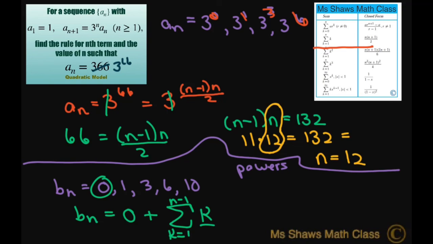So the k part is going to be n minus 1 times n divided by 2. Therefore, your a sub n would equal, since we did the different sequence, 3 to the power of n minus 1 times n divided by 2. That's just another approach.